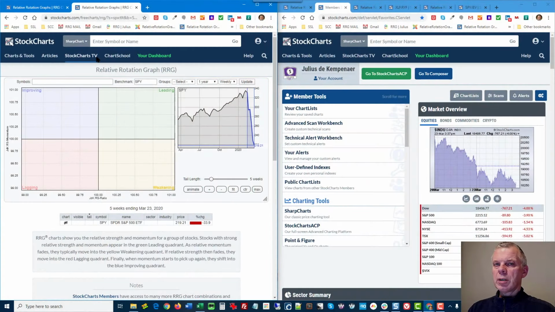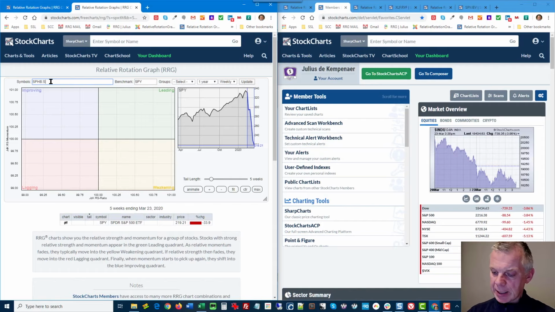Okay, so when you work with ratios or pairs and you would like to show them on an RRG, that doesn't work. Let me show you. This is a blank RRG canvas. If I put in the ratio of SPHB, now watch this, colon SPLV, which is basically the ratio between the high beta and the low vol ETFs, and I hit enter, it would not accept it.